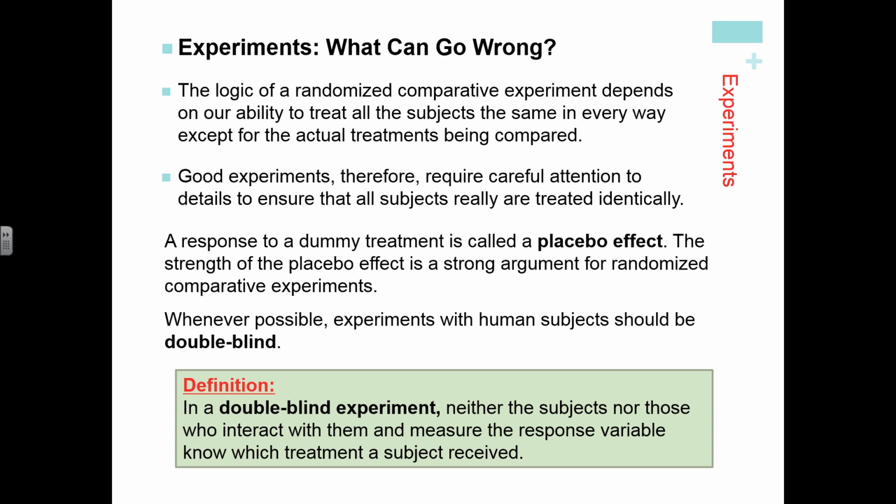No one knows except for the researcher who knows who's getting what. So if I'm doing an experiment where I'm giving you medicine, aspirin, I have aspirin in a container. I don't know if you're getting the aspirin or if you're getting the dummy pill. I don't know, and you don't know. So that's a double-blind experiment. Now, if you were the only one that didn't know, then that would be a single-blind experiment.